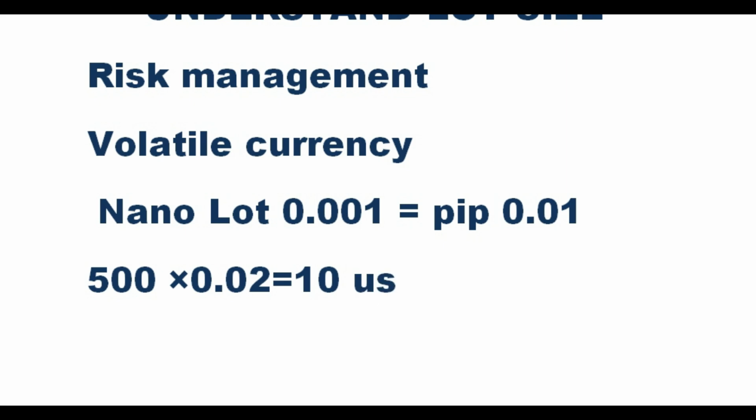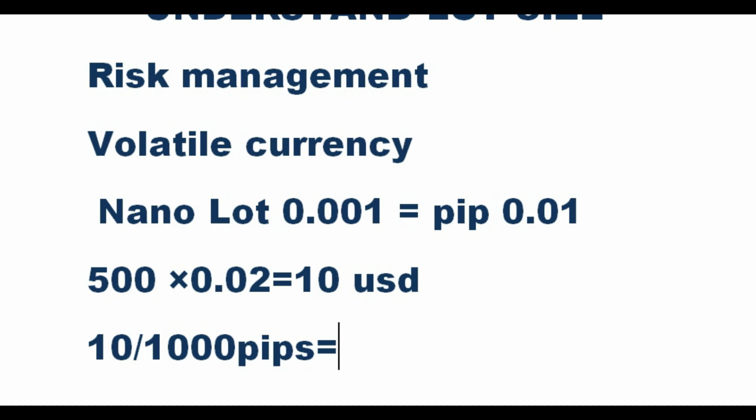Let's take a scenario where 2% of your account is $10, and you are trading a very volatile currency pair, or you are trading an index like US30, and your stop loss is 1,000 pips. If you divide your risk, which is $10, by 1,000 pips, the answer you get is 0.01.